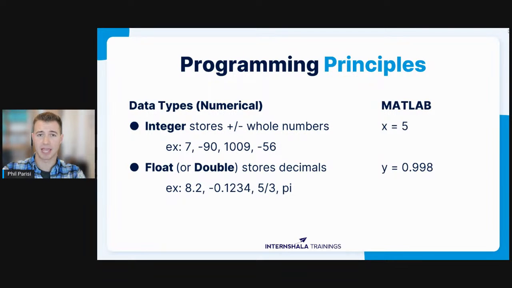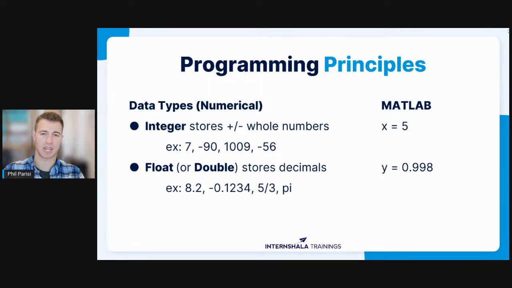Here is how Matlab would store these variables. It uses the equal sign to assign a given value to a variable name. So here I'm assigning the value of 5 to the variable x, and also the float type of 0.998 to y.